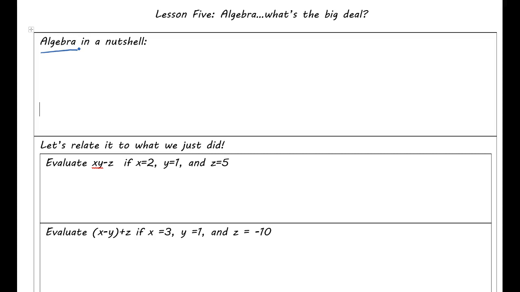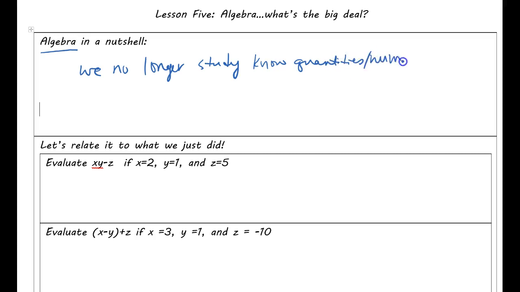So this is the part of your life, if you haven't already seen a little bit of it last year, when we no longer just use numbers. So we no longer study known quantities or numbers. My handwriting is just terrible. There we go.